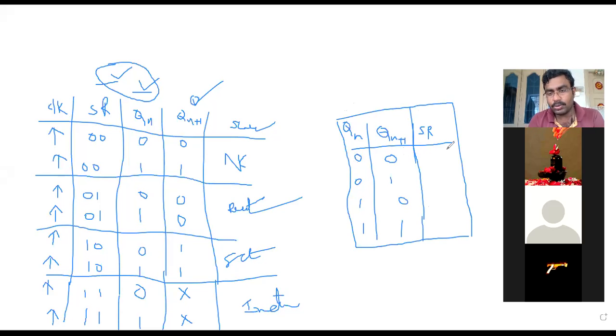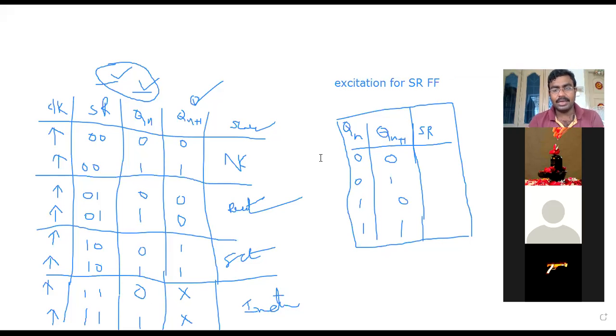Using these combinations, we got to write what inputs will match this combination of present state and next state. That will give you the excitation table for SR flip flop.